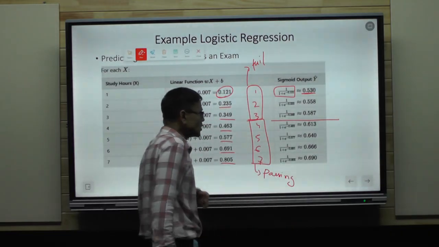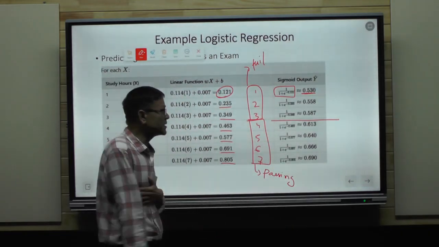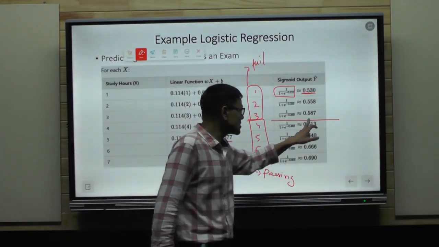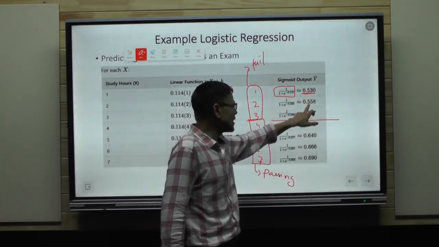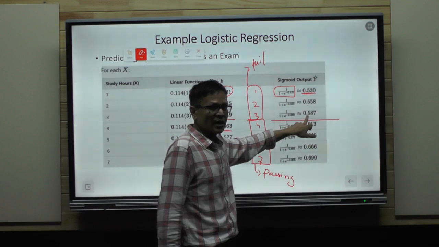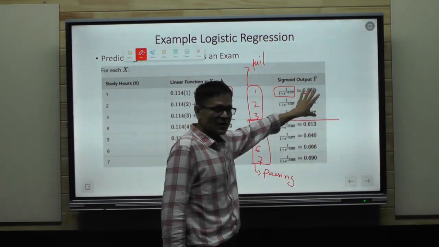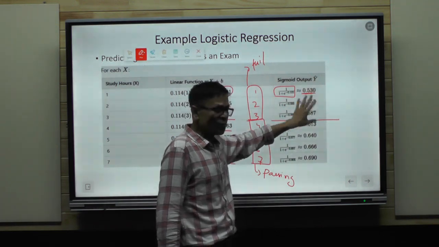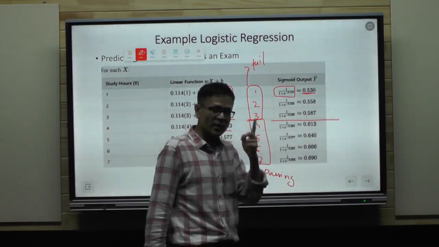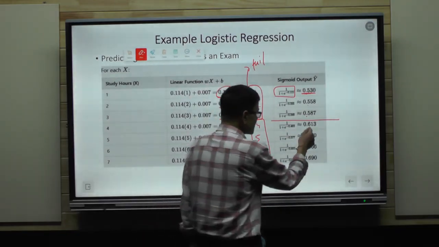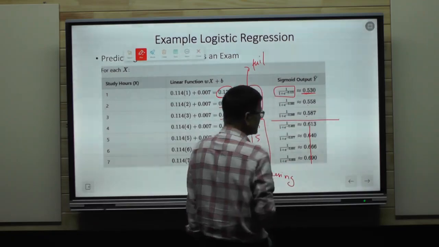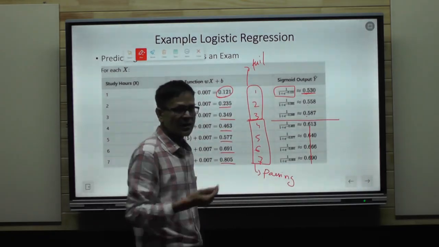After the second iteration, the values are in the range of 0.5, and wherever the student is passing, the value is greater than in the other case.